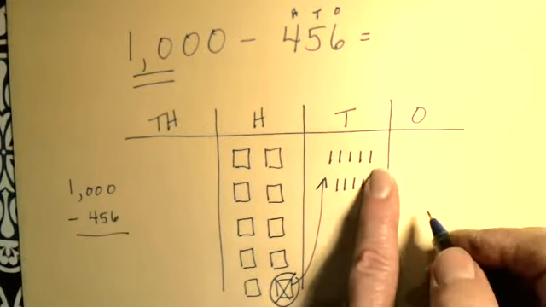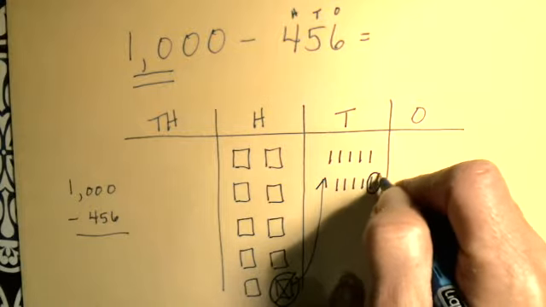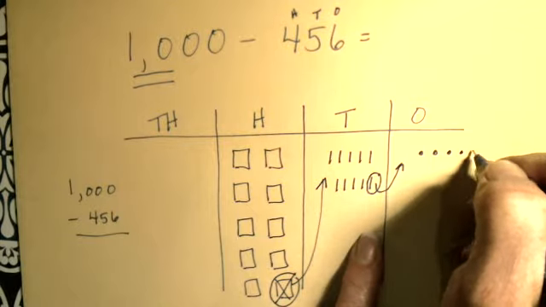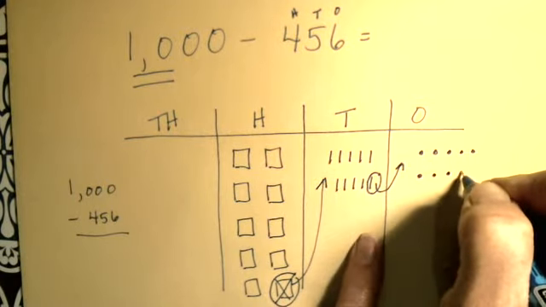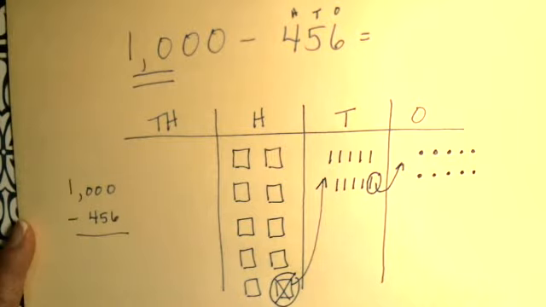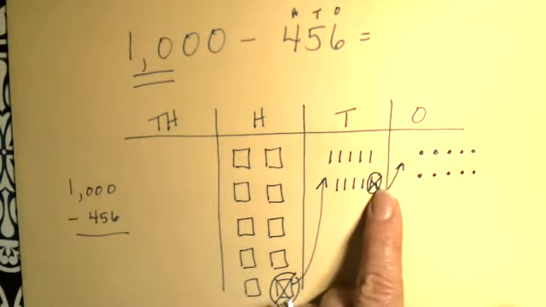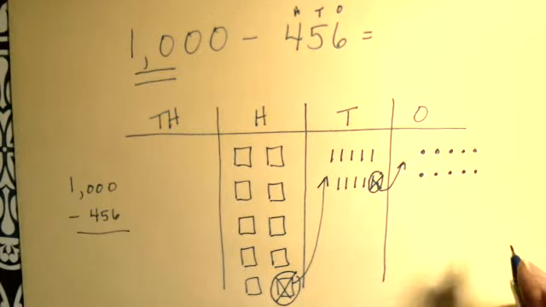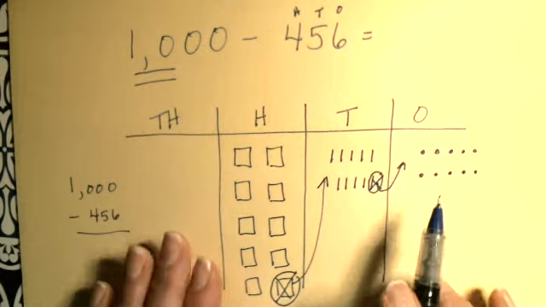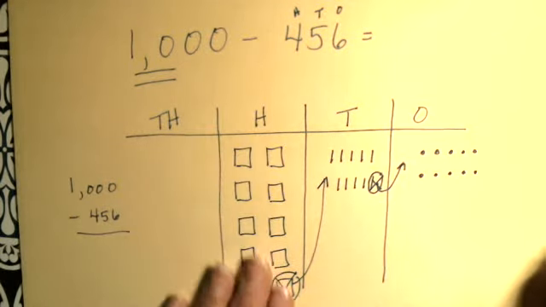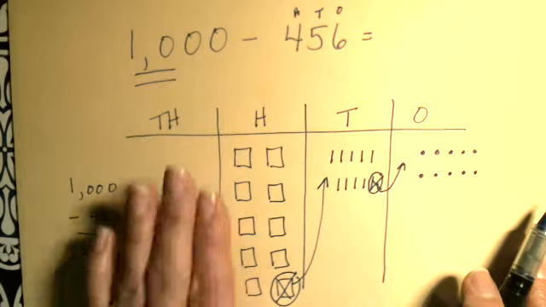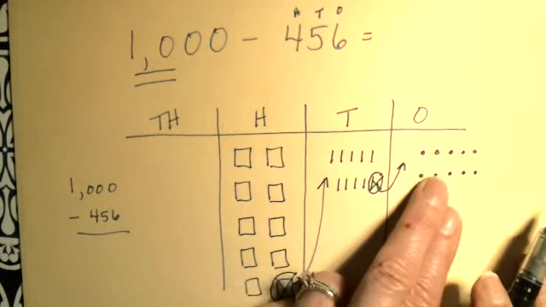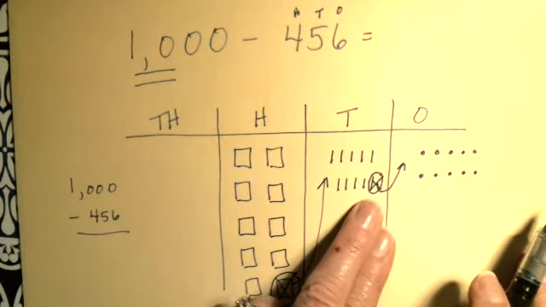And I need ones, so I'm going to take one of these tens and change it into 10 ones. Again, I haven't subtracted any value. I just changed a 10 to ones, like a dime to 10 pennies. So now that I've changed them out, this is still equal to 1,000. I still have 900 here, here's another 100 because it's 10 tens, and then I have 10 ones, which is another 10.